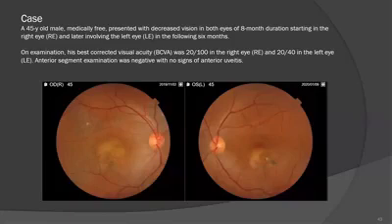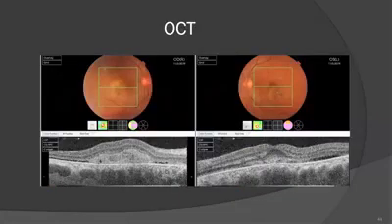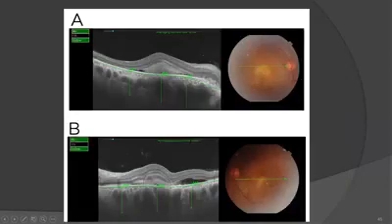So I decided at this time to start with non-invasive imaging like the OCT, and again the OCT showed the subfoveal hyperreflective material in the right eye, and in the left eye also the same. I usually need to differentiate whether this is a case of posterior uveitis or not.